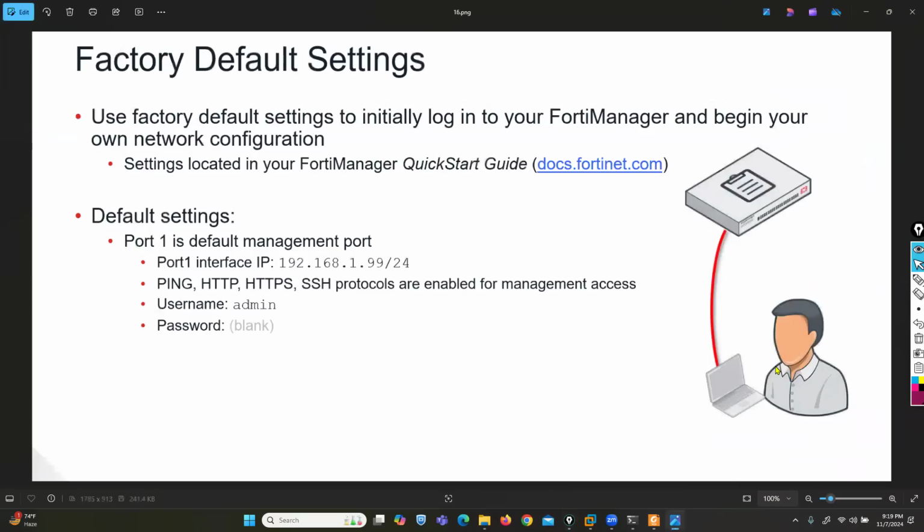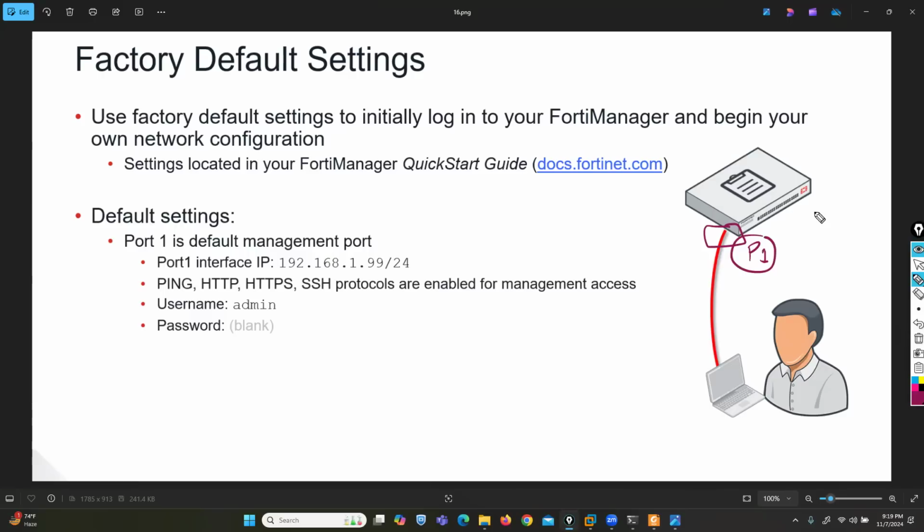What is the default factory configuration? If you are working with any high-end appliance, any high-end series, you get a dedicated management port. But if you have an entry-level FortiManager appliance, you can use port number one as the management port.